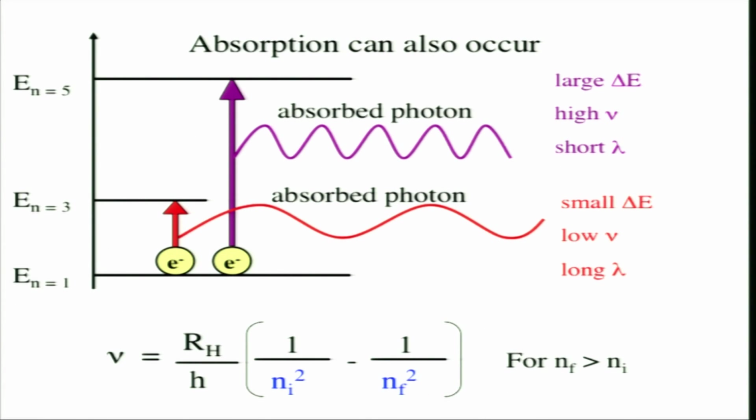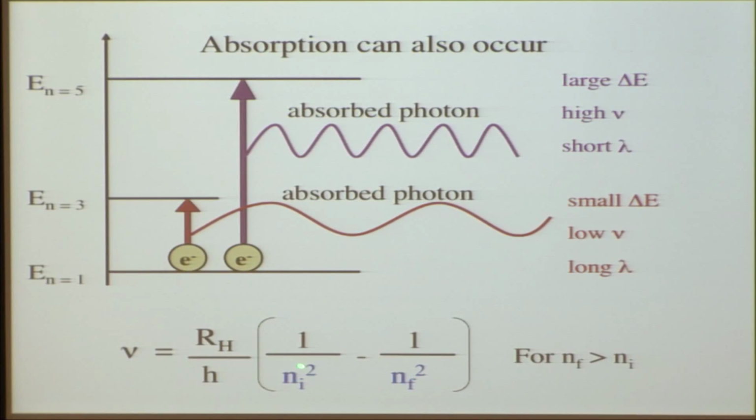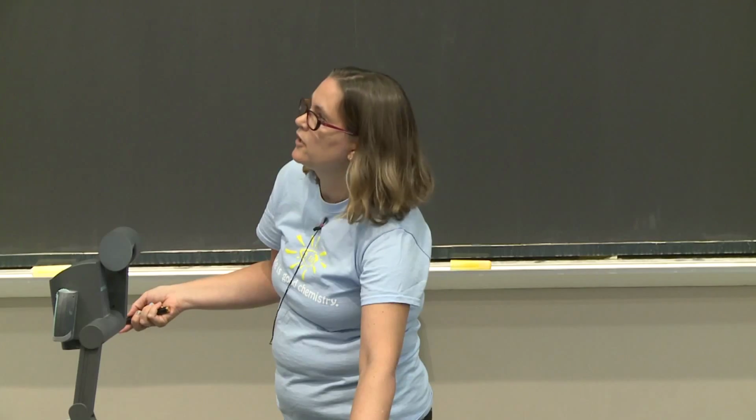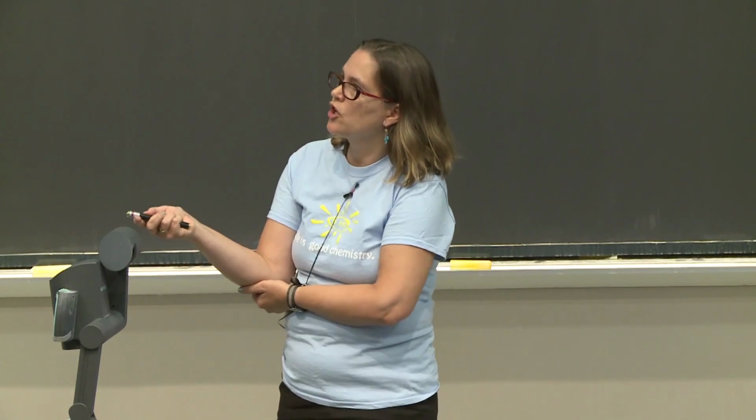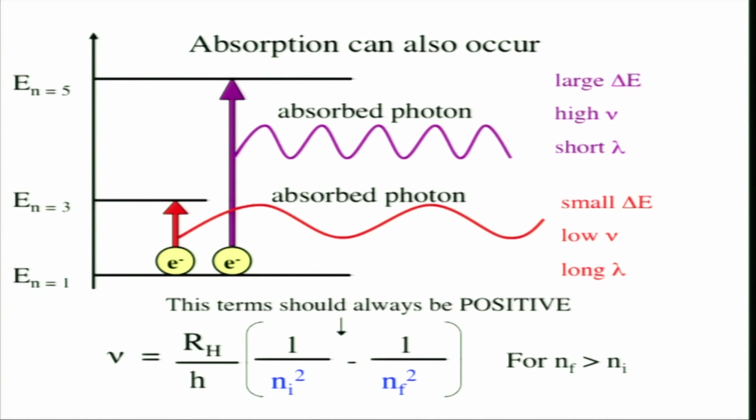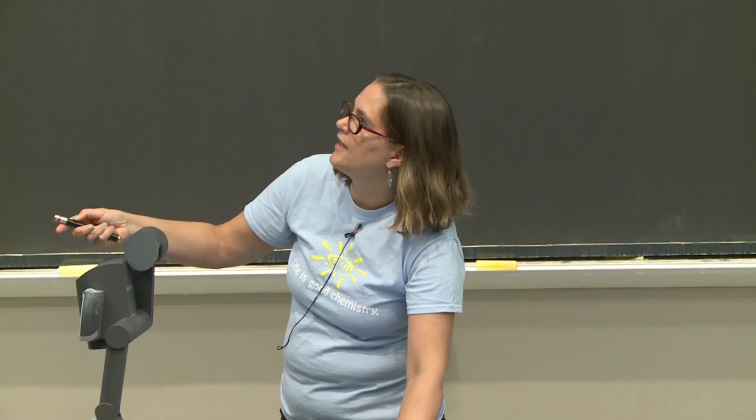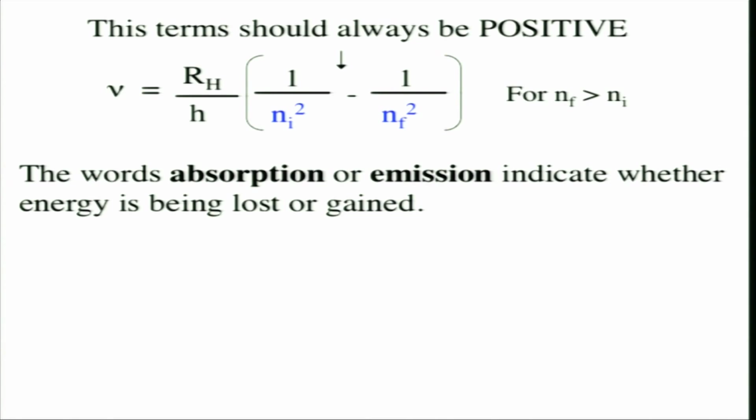In this case, we can calculate frequency again, but our equation is a little bit different. We have the Rydberg constant and Planck's constant again, but now we have 1 over initial n squared minus 1 over final n squared. This term should be positive, so we should be getting out a positive frequency. You want to think about whether you're talking about absorption or emission, because that tells you if the energy is being gained or lost.